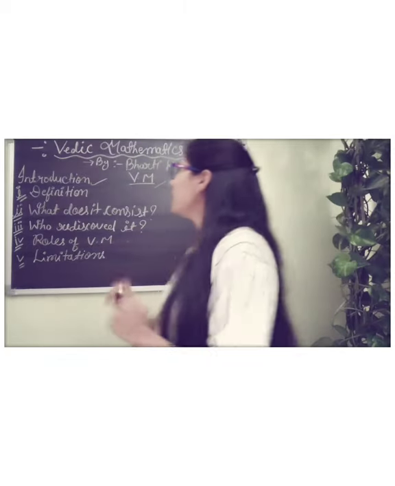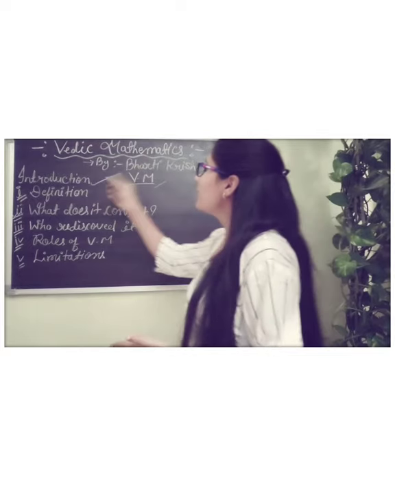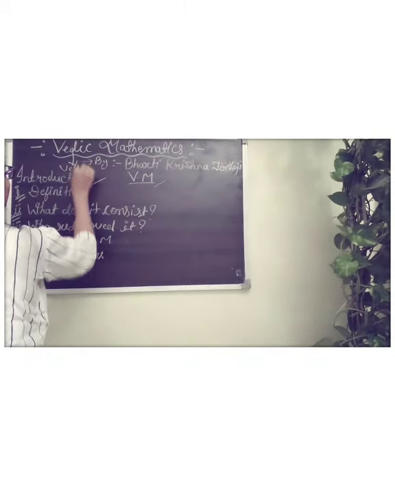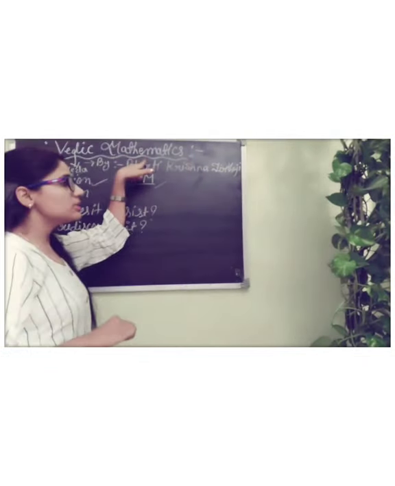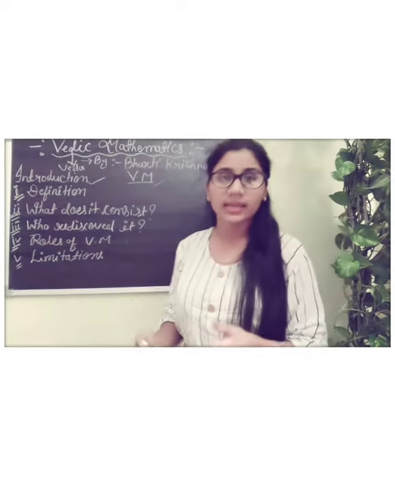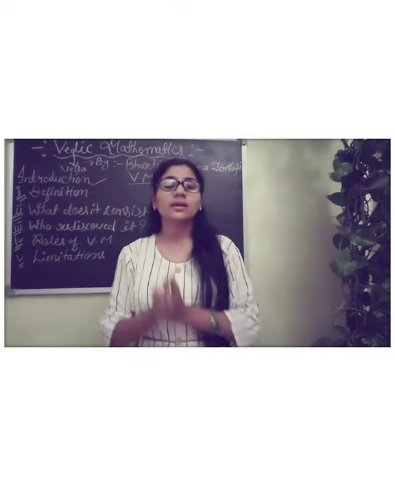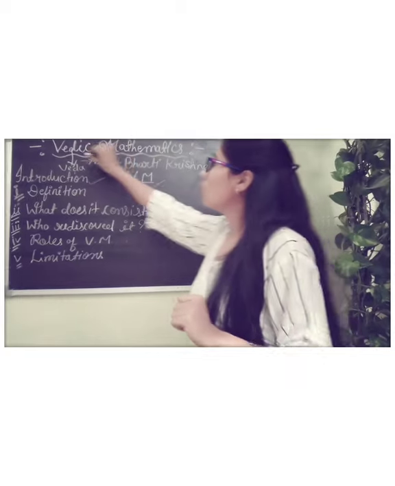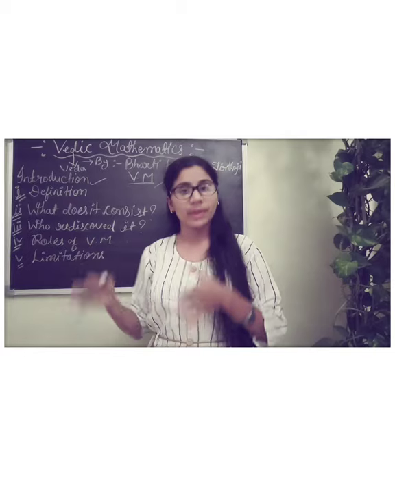Actually, if you see these two words, then you can easily understand that Vedic is a word derived from the word Veda. And mathematics is a very familiar term. Mathematics is a branch of science that deals with logic, calculations, shapes, etc. So what is the combined meaning of Vedic mathematics?